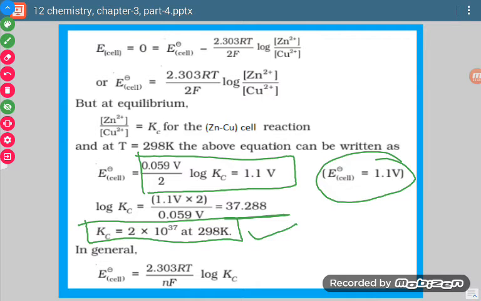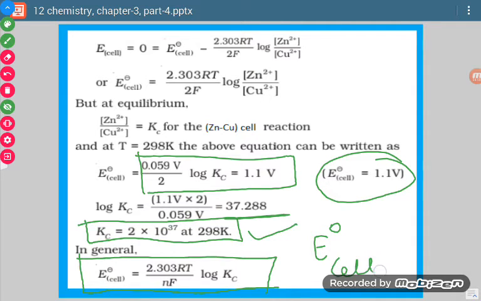Okay, now in general, when we talk about any electrochemical cell, then this is the relation which is to be remembered. E naught cell is equal to 2.303 RT over NF log Kc, or we can write it like this also. E naught cell is equal to 0.059 over N log of Kc. Okay, one and the same thing. So what all things are to be determined then? See, there are only 3 things.